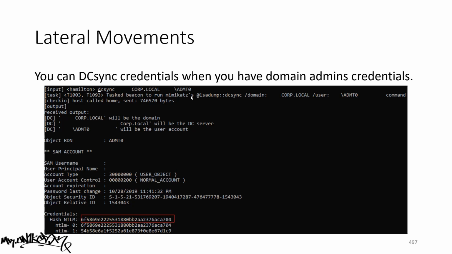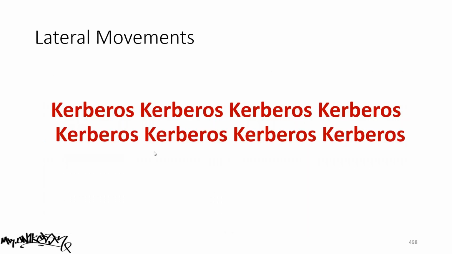So if you run it on a system that you know for a fact is not monitored, like I mentioned earlier, like a 2008 server, and you know that all their DCs are 2016 with an EDR in place, if you do it remotely, at least whatever you're doing locally is not going to be detected, which is a nice thing. So you can always capture the NT hash of whatever user account if you do DCSync, and you can just pass that hash later on. Another thing that you can do too is Kerberos.